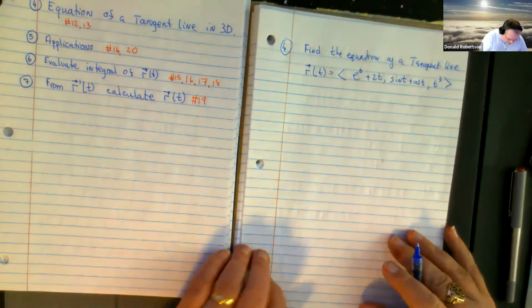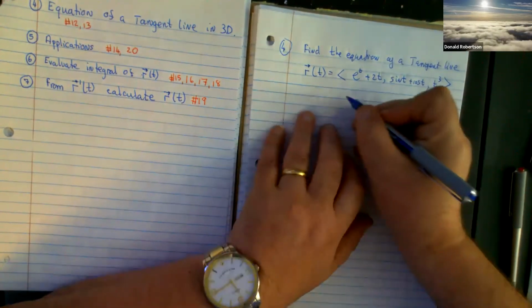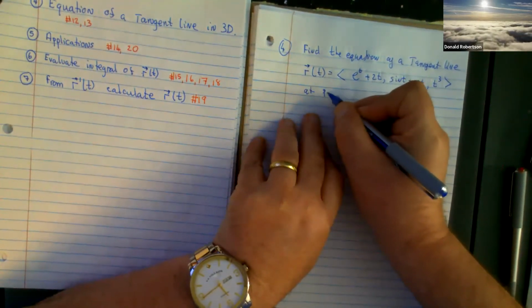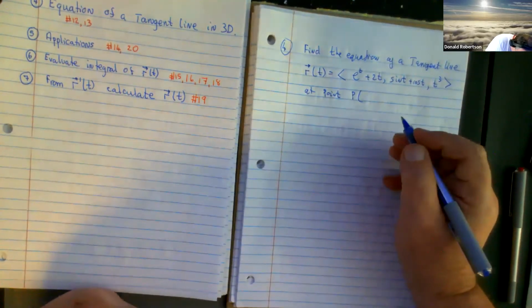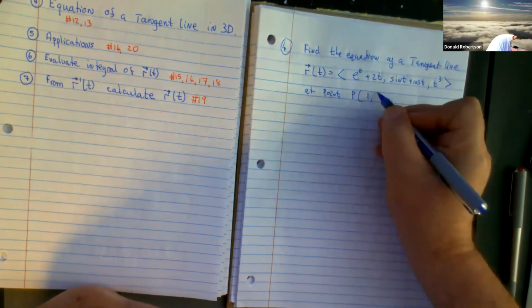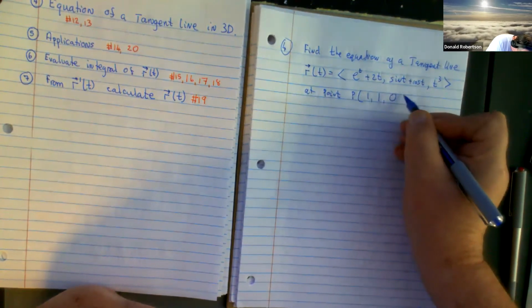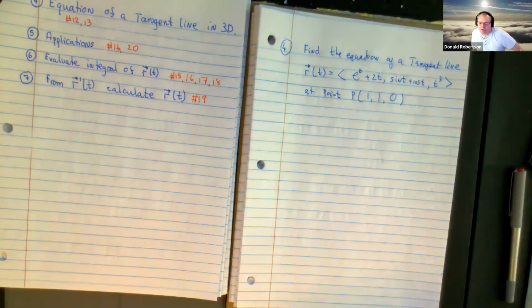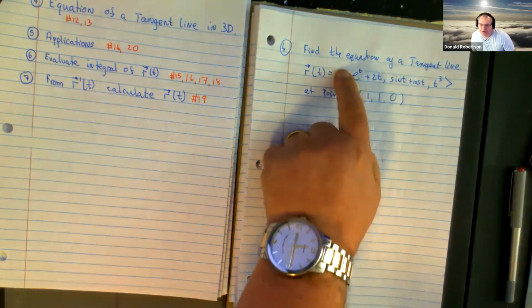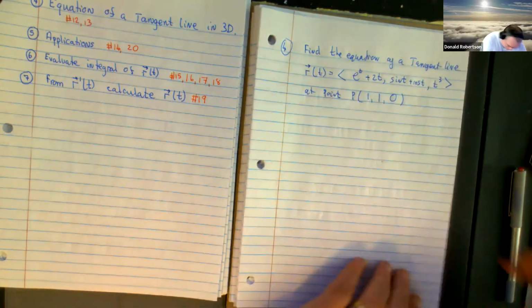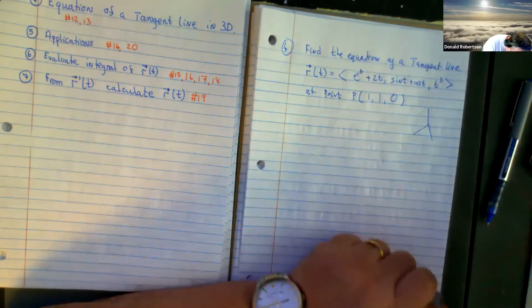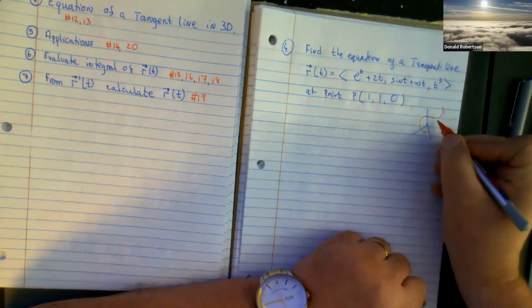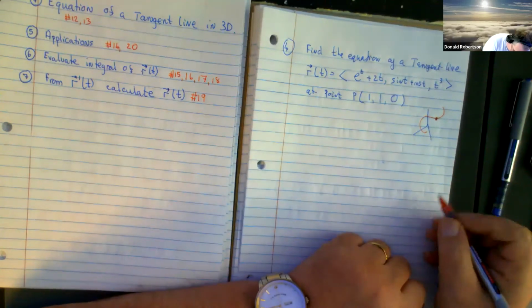And you're going to find the equation of the tangent line at the point P. And the point P is going to be 1, 1, 0. So we are trying to find the equation of the tangent line to this space curve at that point. So can you imagine that this curve that they're talking about is this guy? And that happens to be the point P.